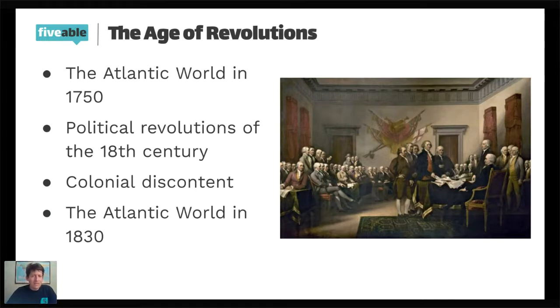In around 1750 in the Atlantic world, keep in mind on one side of the Atlantic, you have Europe, right? These European countries that are rising in power, controlling large colonial territories in the Americas and expanding their reach beyond the Americas into the Indian Ocean.